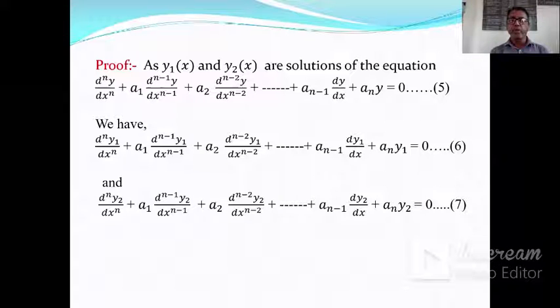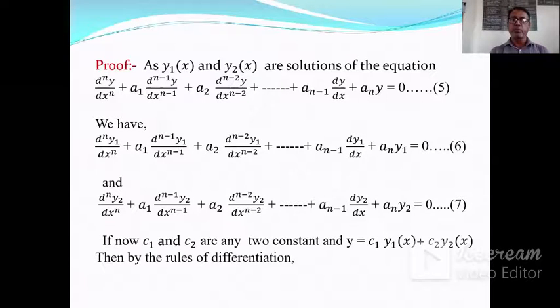For that purpose, in the left hand side of this equation 5, we substitute y by c1 y1(x) plus c2 y2(x), and we want to check whether we obtain the right hand side, which is 0.